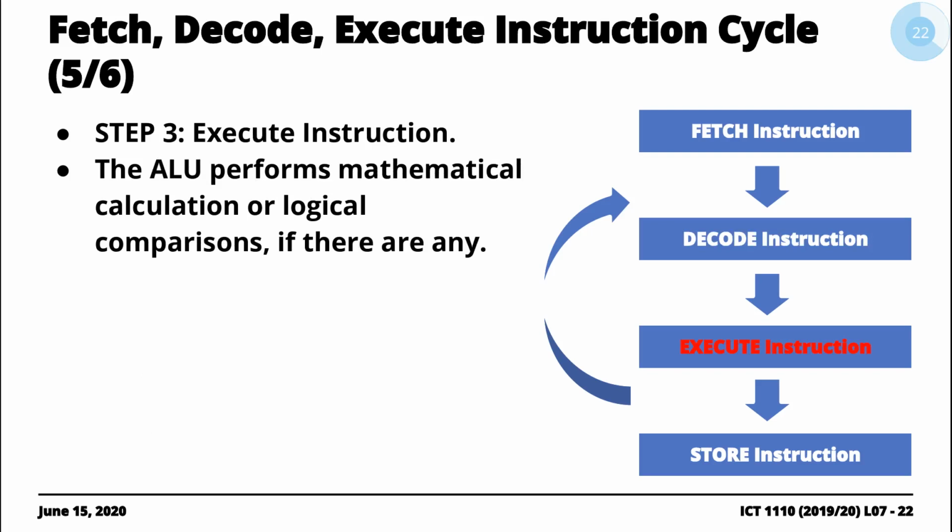And then finally, once the decoding is done, the arithmetic logic unit will perform the arithmetic or logical operation that needs to be done. So if it's an addition, then it will add the 2 operands.